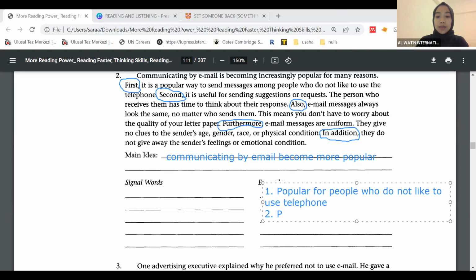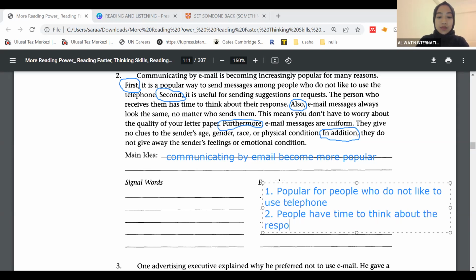So people have time to think about the response. Not like telephone. In telephone, we need to answer directly. But through email, you can think a little bit, you can have a coffee and then come back and reply.